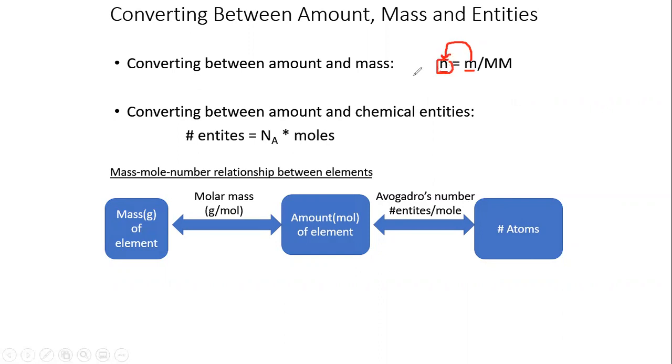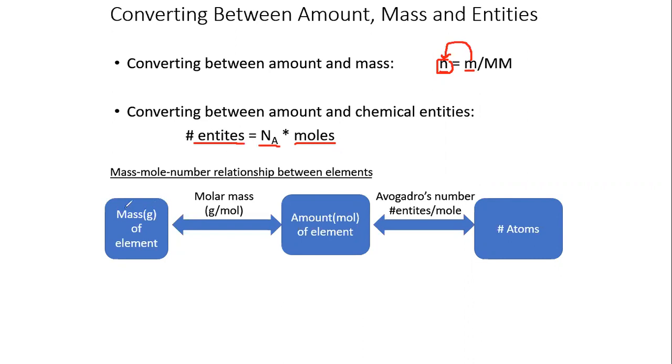And so once we have the moles of carbon, and sorry here, the symbol for moles is typically N, then we multiply by Avogadro's number to find the entities. And since we're dealing in this case with an element, entities would be atoms.